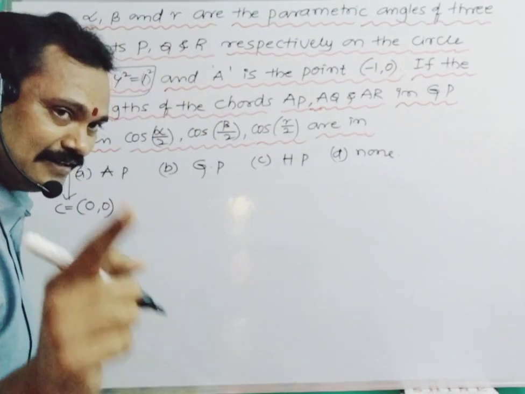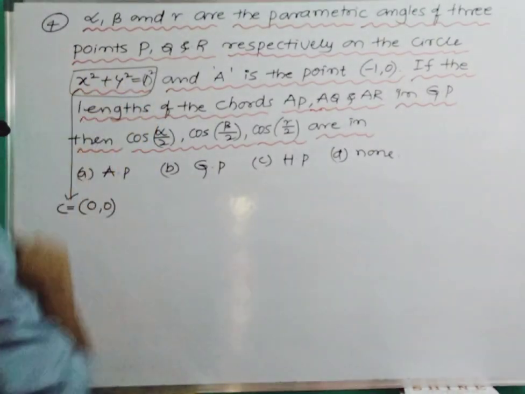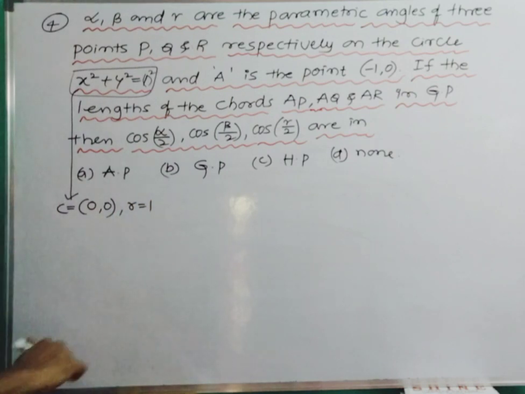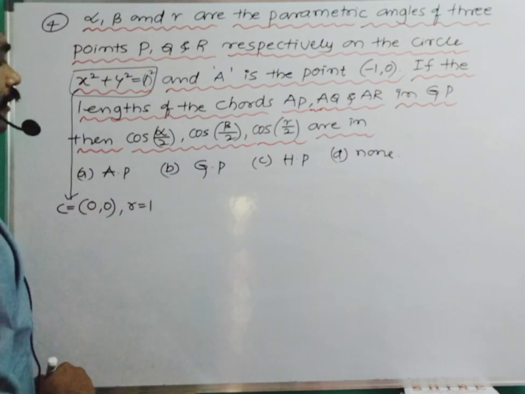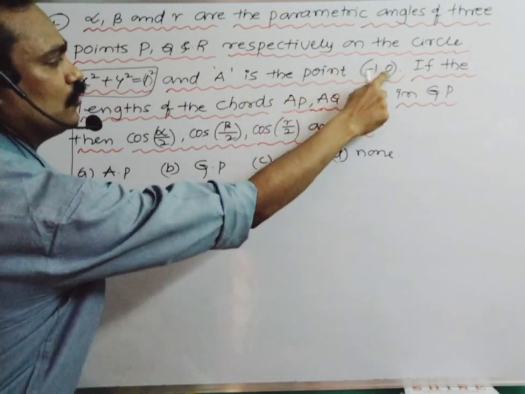For this circle, center is 0 comma 0 and radius is r. And radius r is how much? 1. Okay, clear?